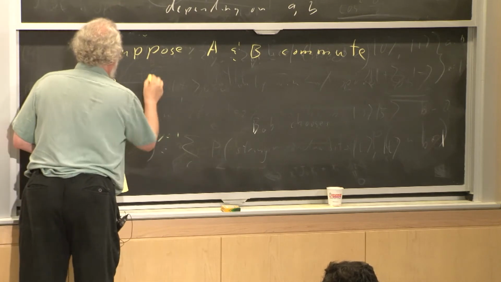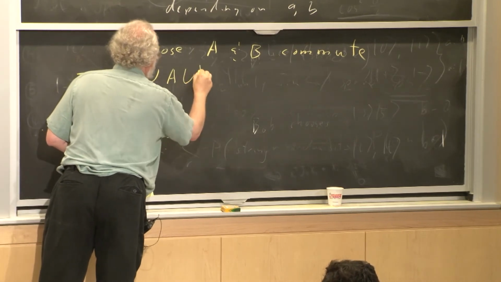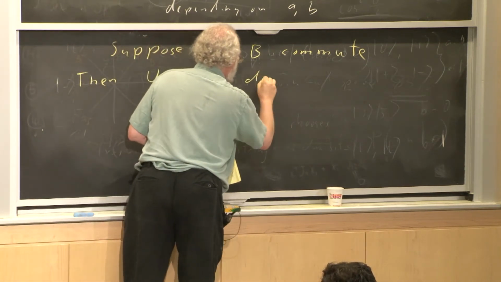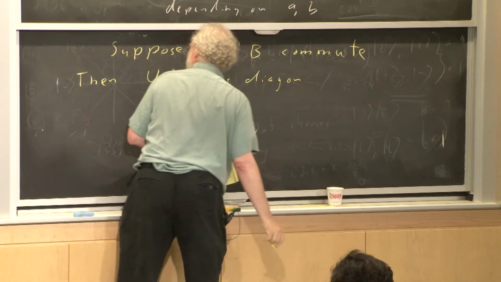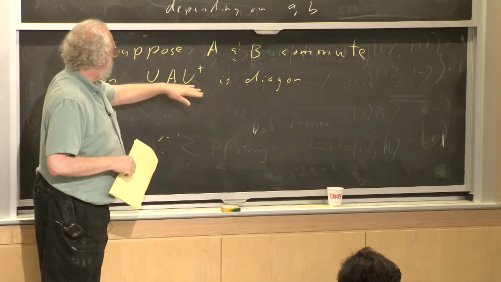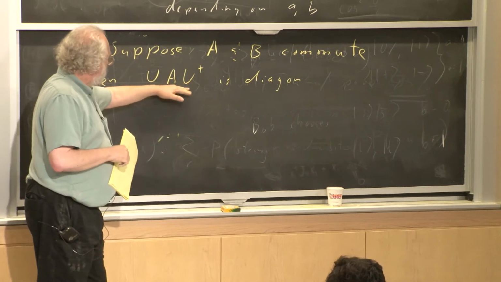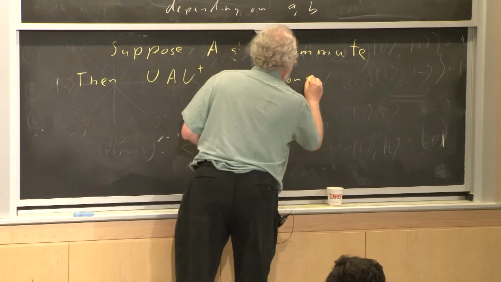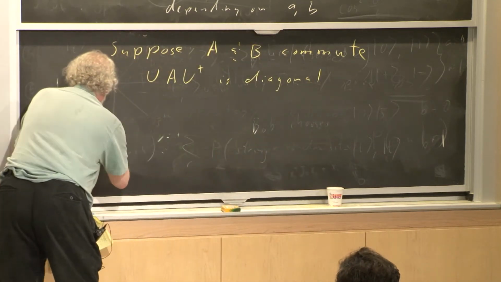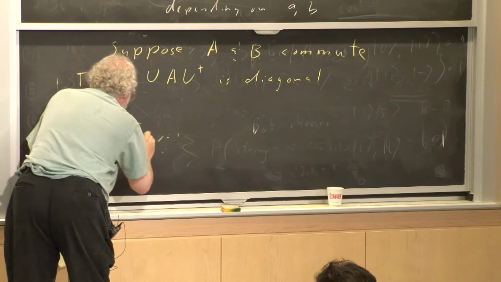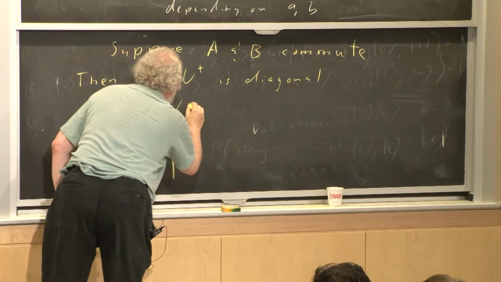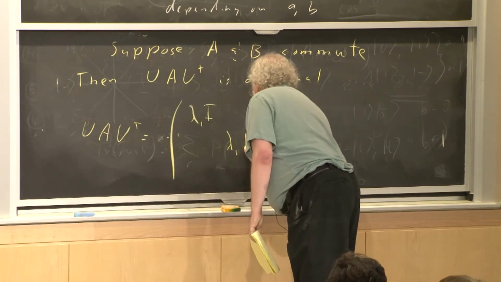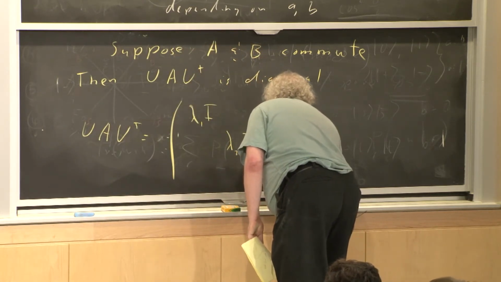Hermitian matrices are diagonalizable, so there's some U such that U dagger A U is diagonal. So U dagger A U is equal to lambda 1 I, lambda 2 I, lambda 3 I.